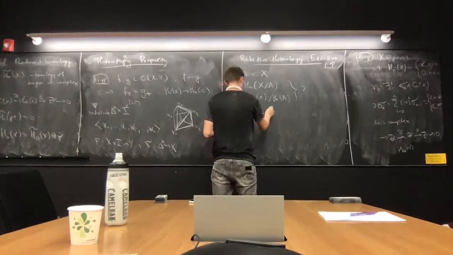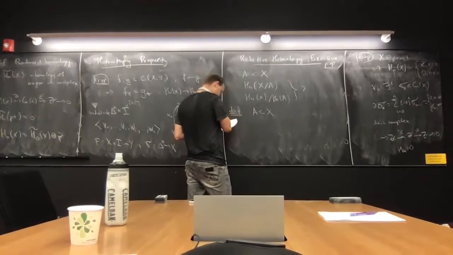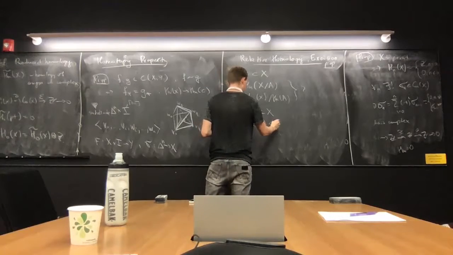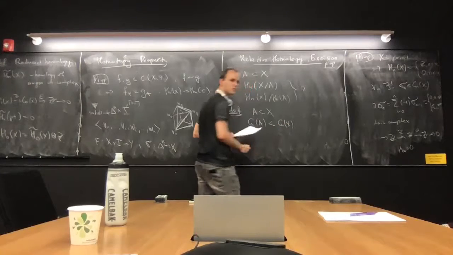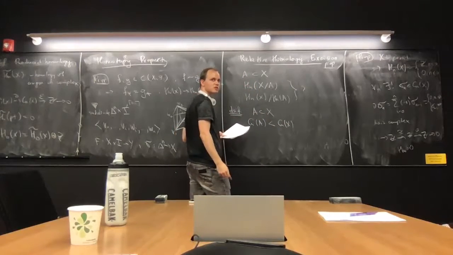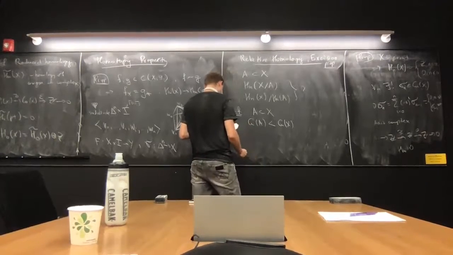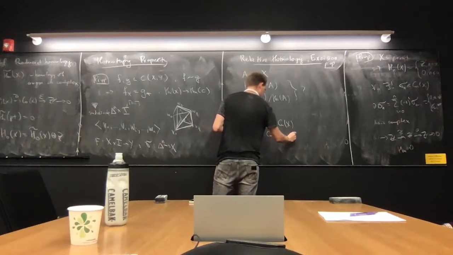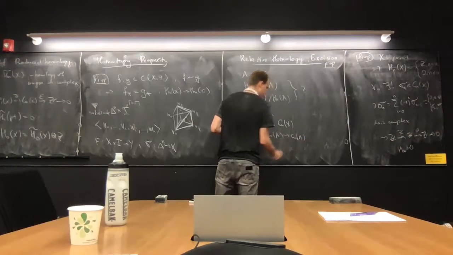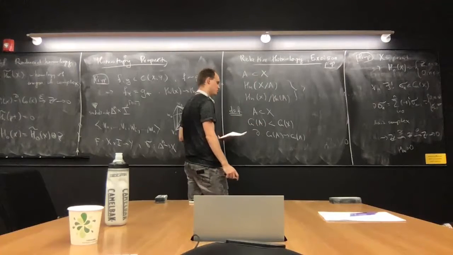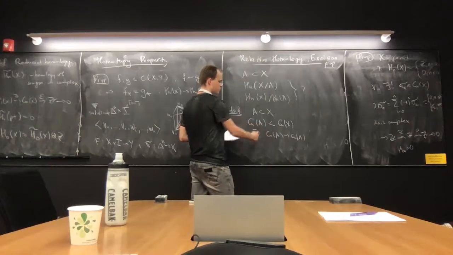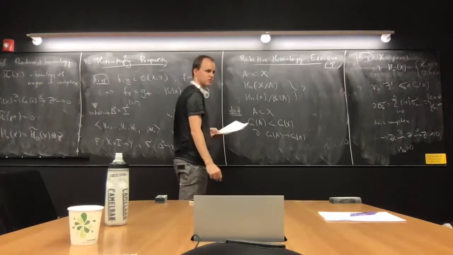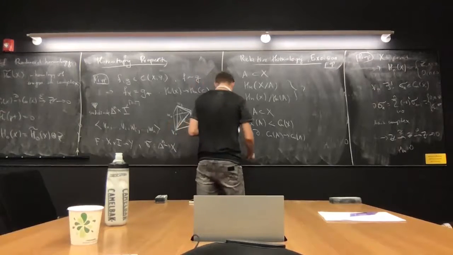Definition. Let A be a subspace of X, any topological space. We have Cn of A, which is a subgroup of Cn of X; you can treat it as a subgroup by just including. Then the boundary operator on Cn of A maps again into Cn minus 1 of A, so it's consistently defined on chains on A. Therefore, we can factor one by the other and preserve the definition of the boundary operator on the factor.